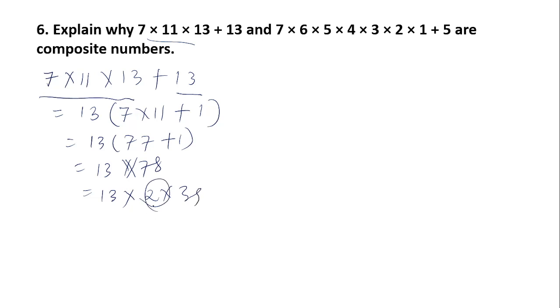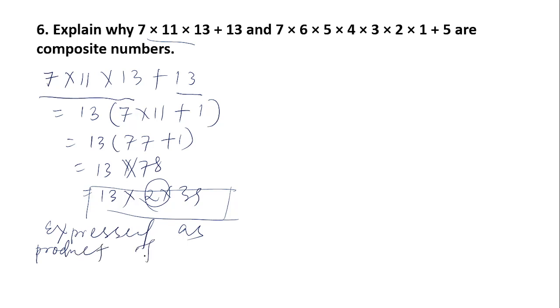So this number is expressed as a product of primes. That's why this expression 7 into 11 into 13 plus 13 is a composite number.